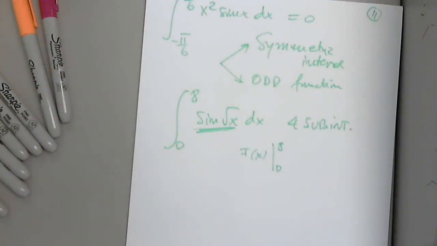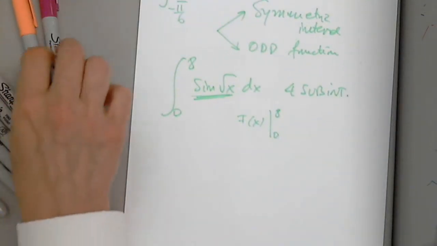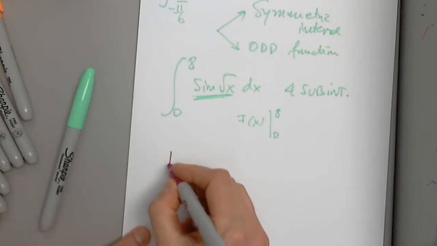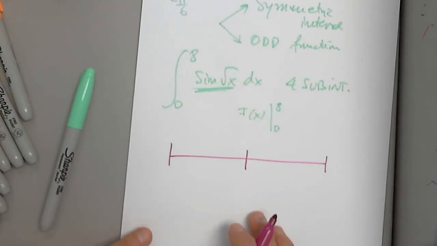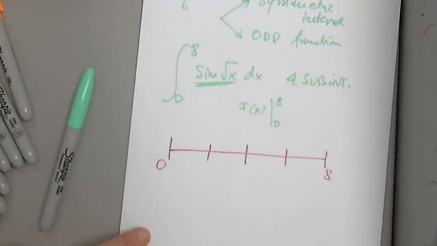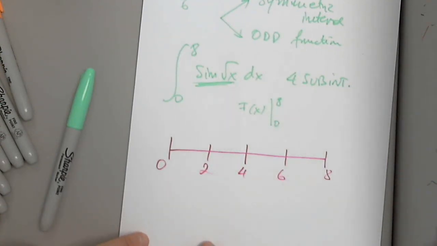So, any suggestions on how to start? So delta x would be 2. Very good. We look at the interval between 0 and 8, and we split it into 4 subintervals: 2, 4, 6.